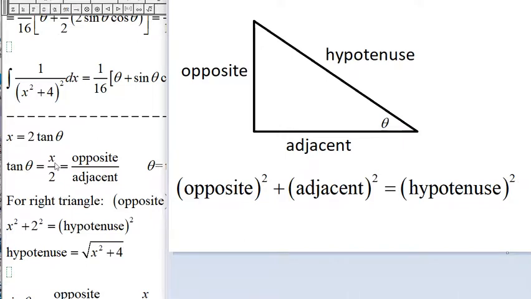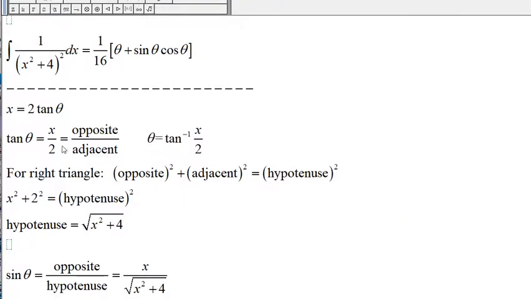For this example, the opposite side is x, the adjacent side is 2, and we're looking for the hypotenuse. Also, since tangent of theta is x over 2, theta will be tangent inverse of x over 2.